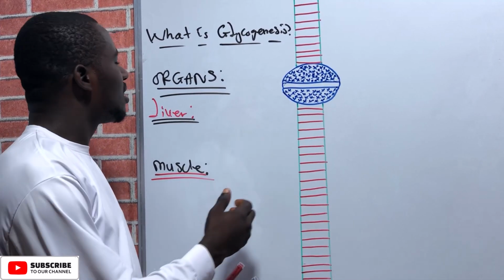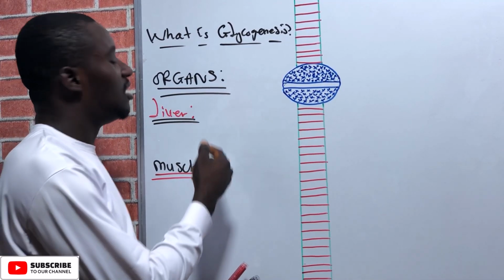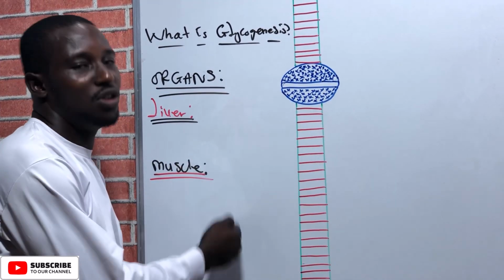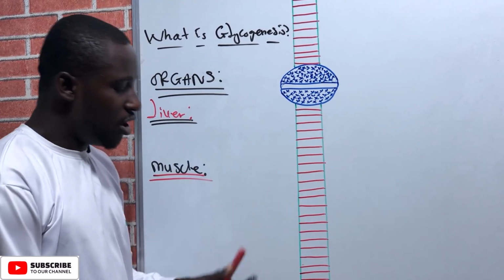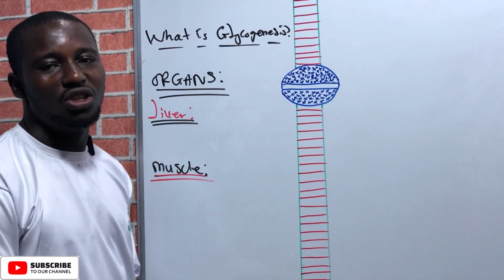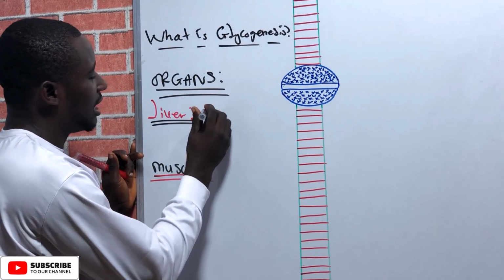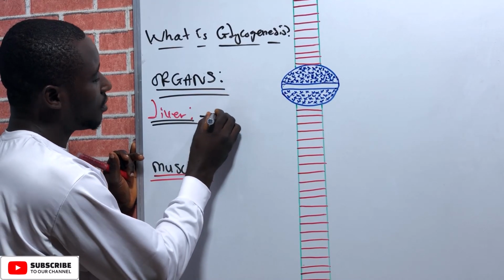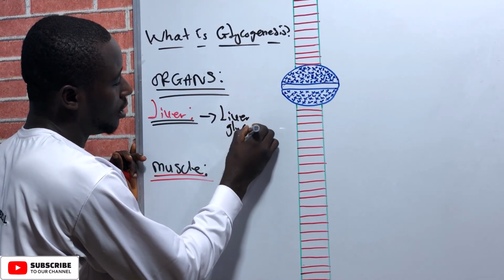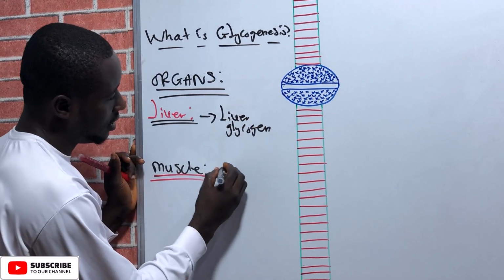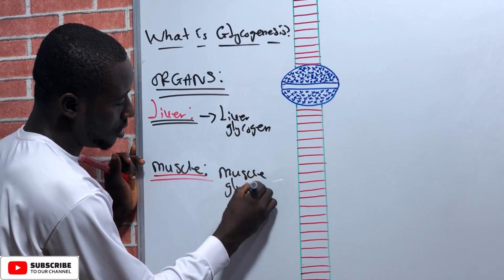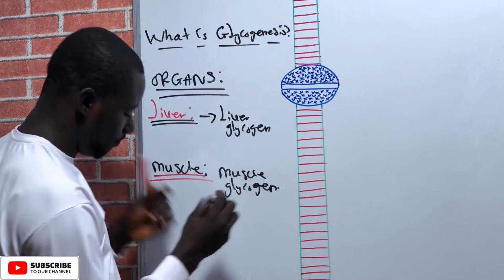Okay, since glycogen is stored in the liver by a process called glycogenesis, and as well in the muscle, automatically we have liver glycogen and muscle glycogen.